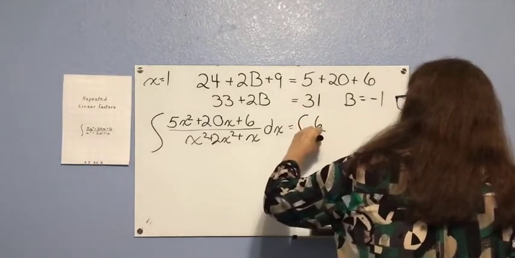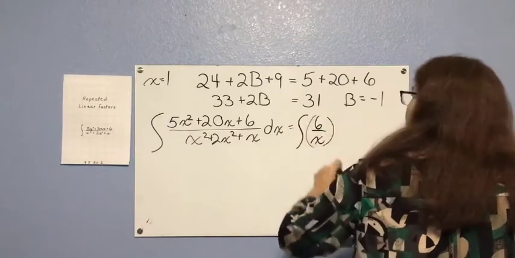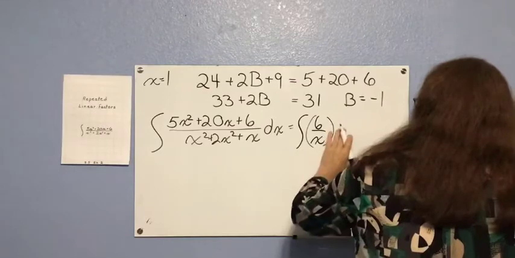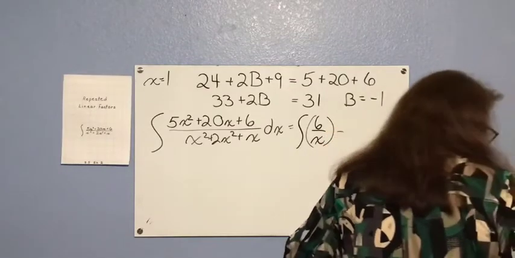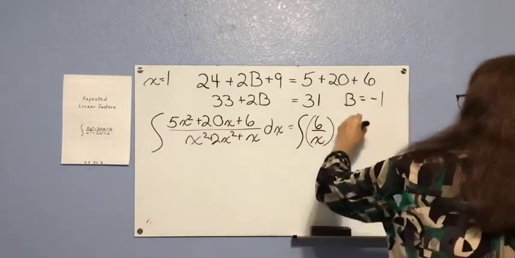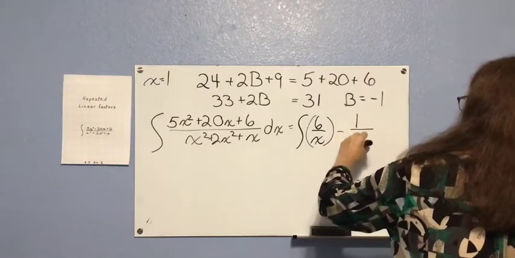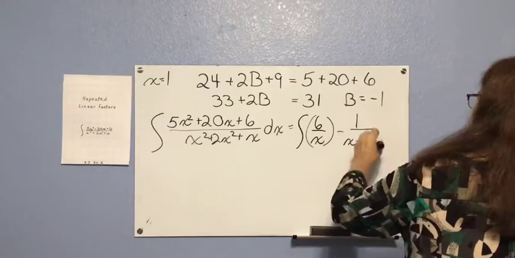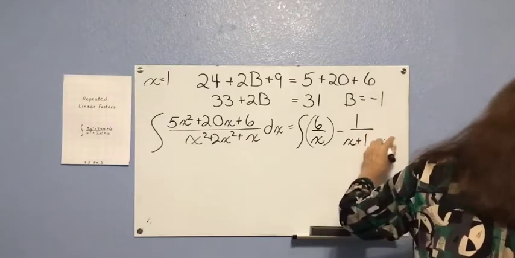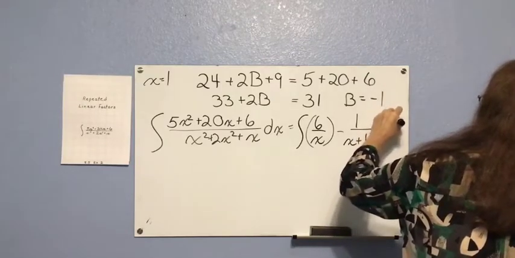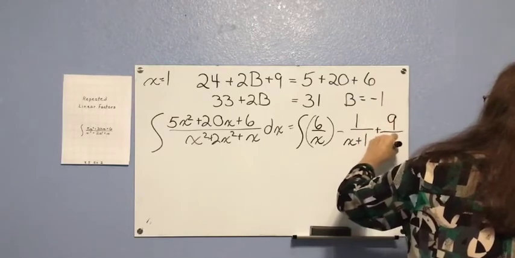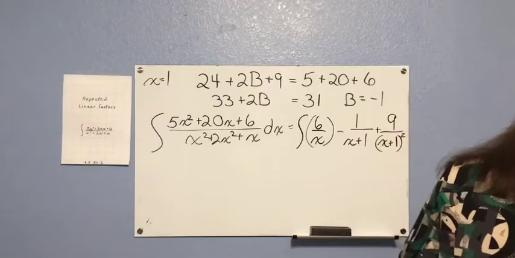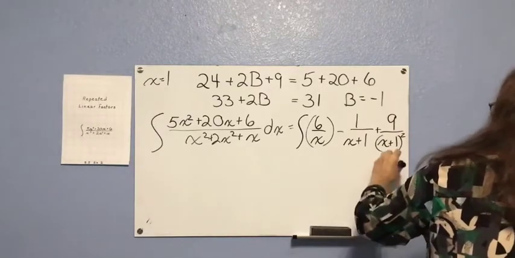I'm going to have 6 over x, that's the a part, minus 1 over x plus 1. Okay, that was our b part, plus 9 over x plus 1 squared dx.